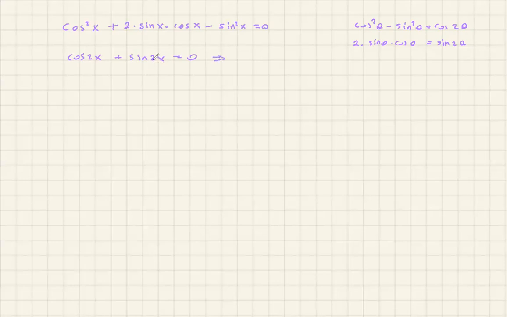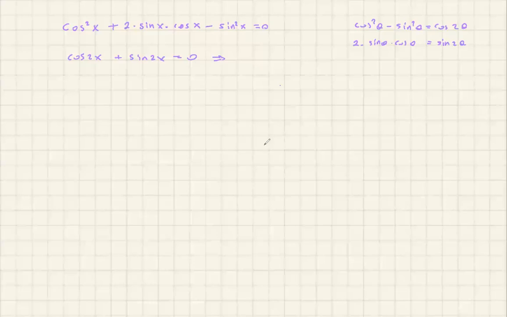What I mean by that is, without really subtracting, we can just divide both sides by cosine 2x. If I divide by cosine 2x, that will be just 1, and then sine 2x over cosine 2x, which is the tangent of 2x, is equal to 0. So now we have tangent 2x is equal to -1. You can try solving this equation from here. I'm going to leave this part for you to see if you can finish that problem.